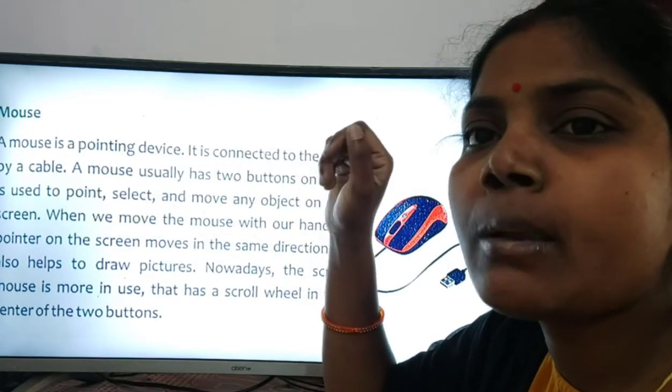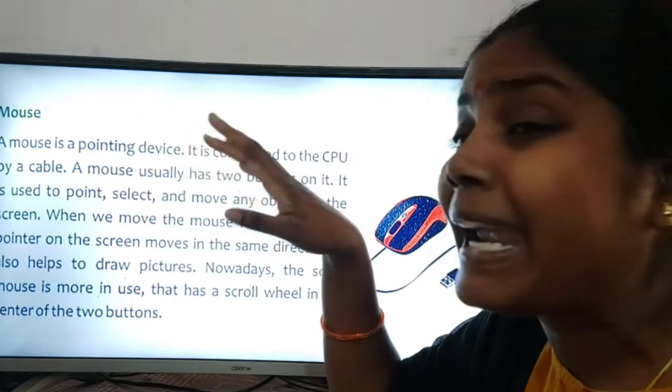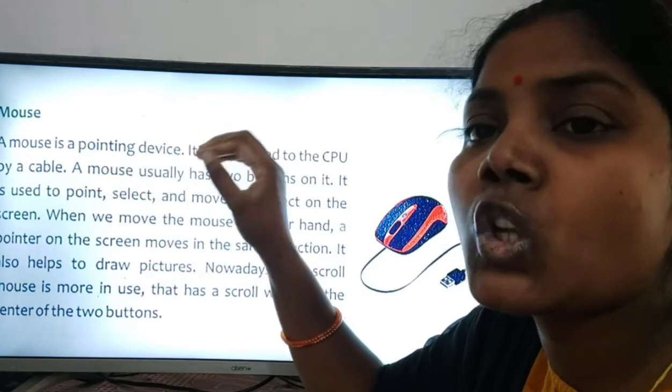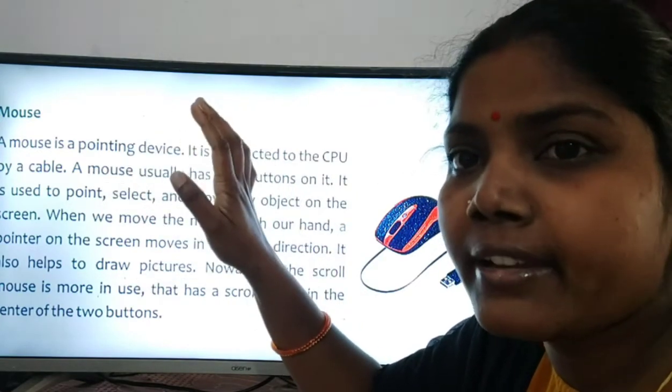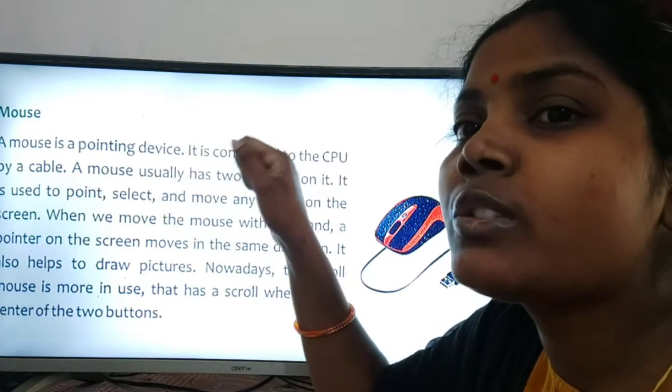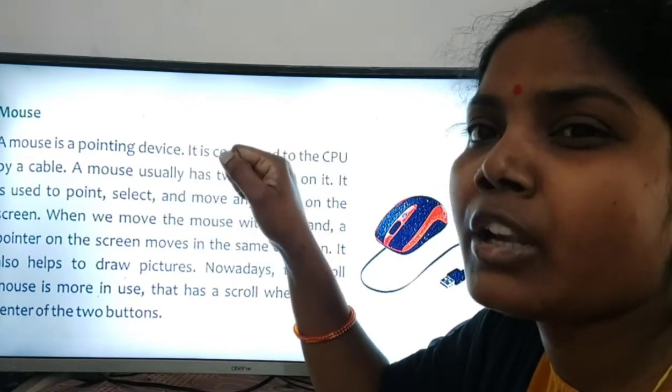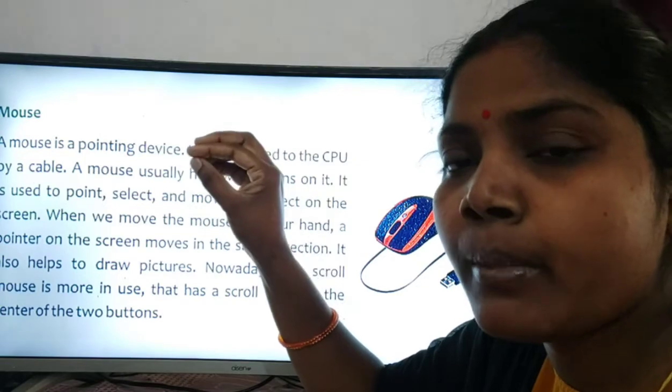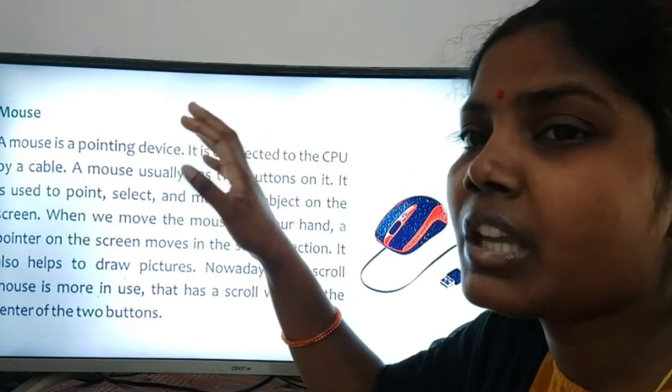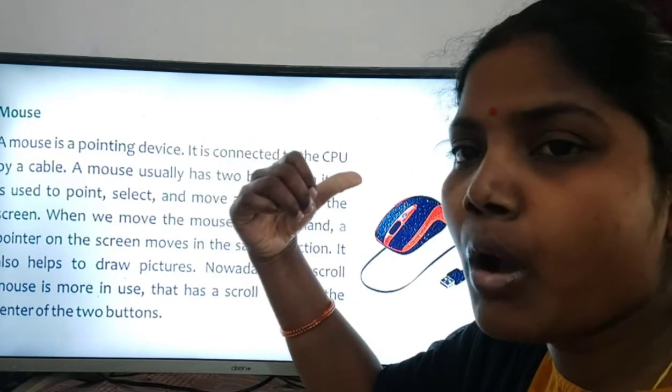So we use a mouse to point out words or letters or lines, or if you want to select a particular line or page or passage, then we can use the mouse.